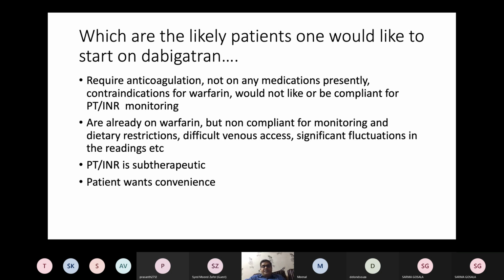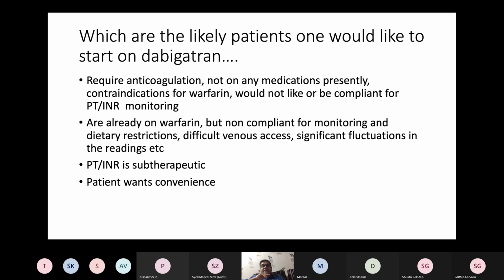Those who are already on warfarin but non-compliant for monitoring and dietary restrictions, or have difficult venous access, been on long-term warfarin but have difficulty getting blood sampling, or are moving around so that regular monitoring of PT INR is difficult, and significant fluctuations in readings, become an indication to change over from warfarin to a NOAC, dabigatran mainly.